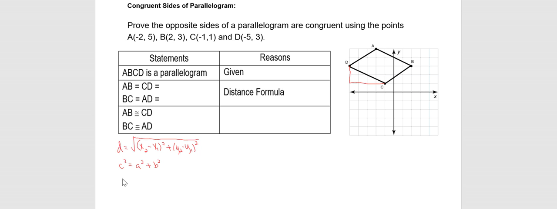Or we can find c by simply getting the square root of a squared plus b squared.